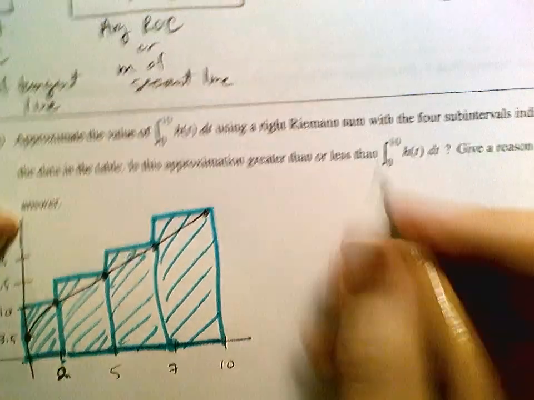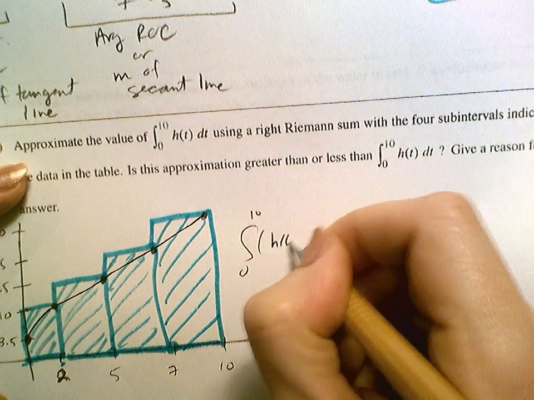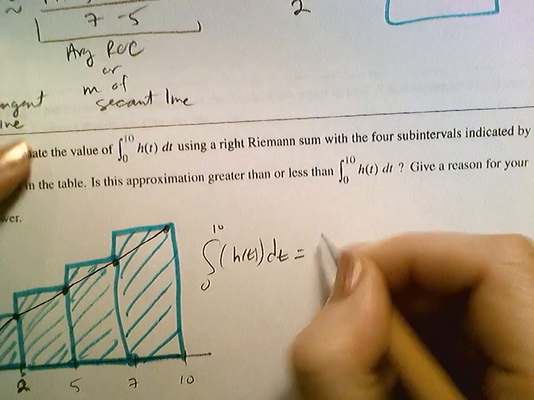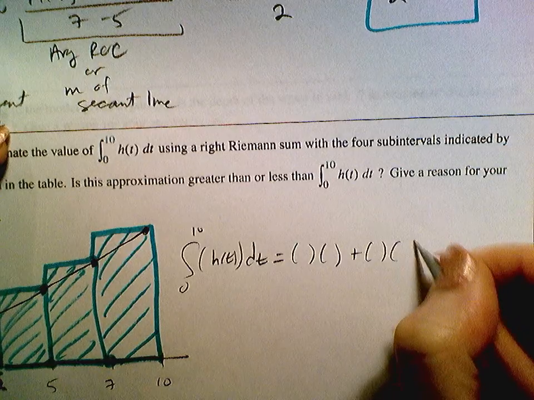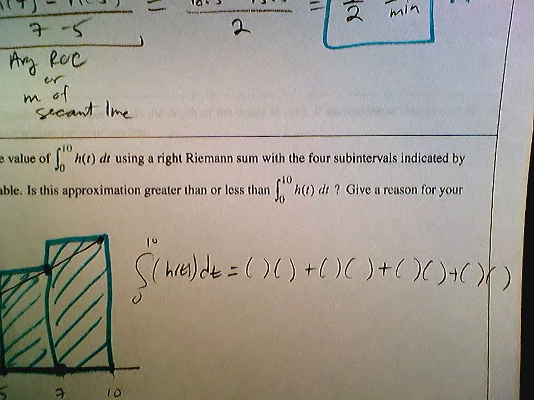So we're going to have that the integral from 0 to 10 of h of t dt is equal to, there's going to be 4 rectangles. So base times height plus base times height plus base times height plus base times height.